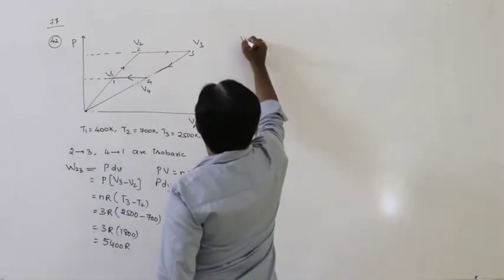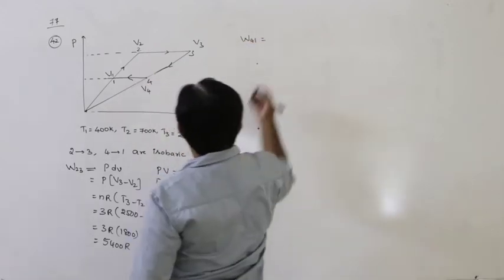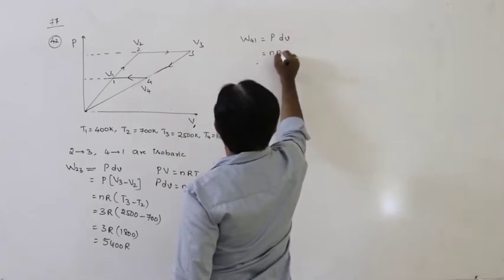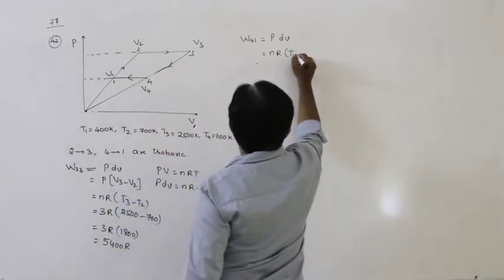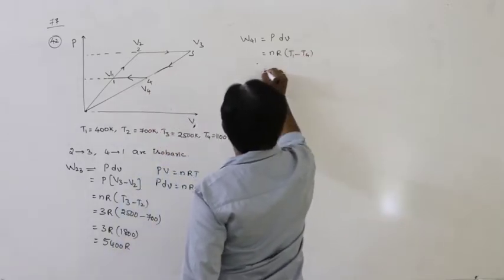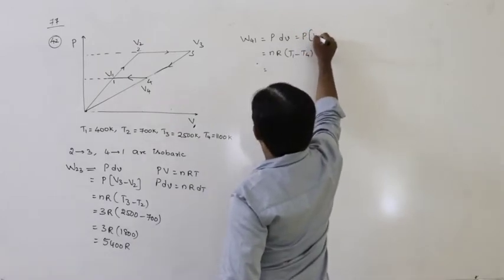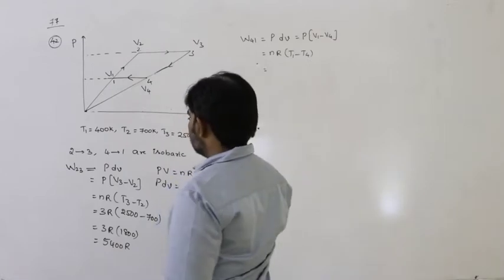Next come to the point W41. So this is also an isobaric process. That is also nR into final minus initial, T1 minus T4. Here PdV in the sense P into final volume V1 minus V4, but that can be written as nR into T1 minus T4.